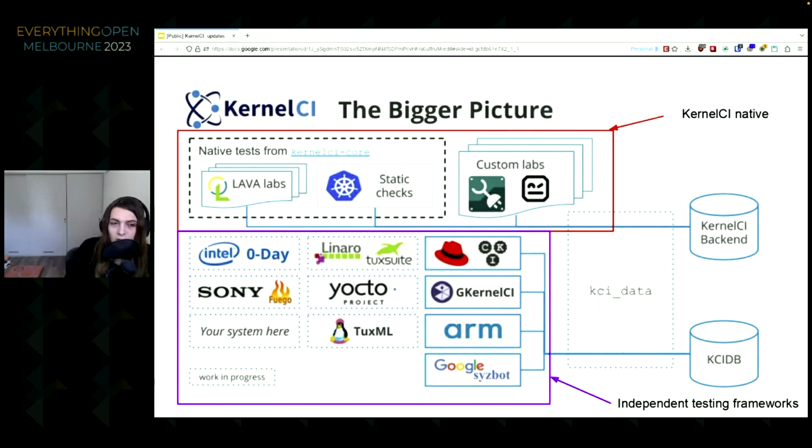So KernelCI core and KernelCI Jenkins and some other tools of KernelCI that are maintained by KernelCI, and then with the introduction of KCIDB, we could also test some independent testing frameworks that are not made or maintained by KernelCI. So, for example, we are getting data from CKI, Gentoo KernelCI, and Syzbot. And I don't remember if we had also other ones.